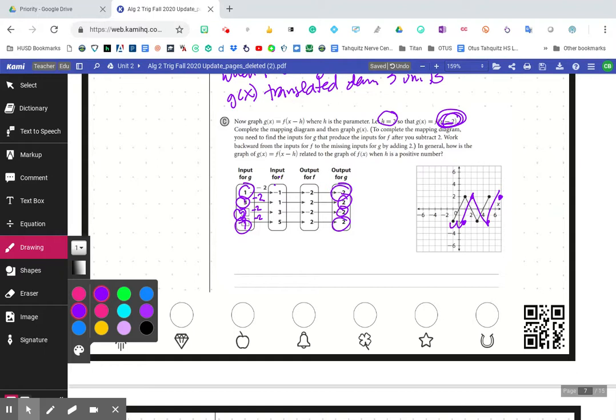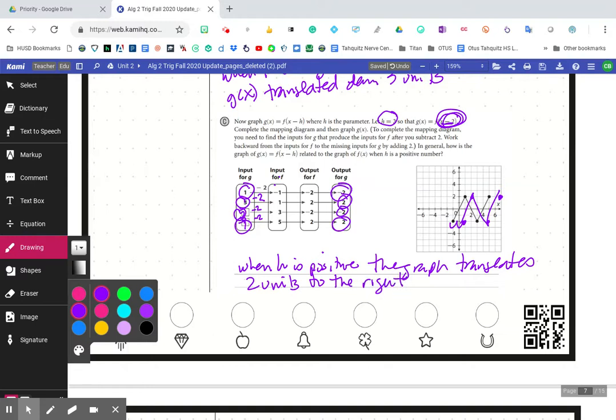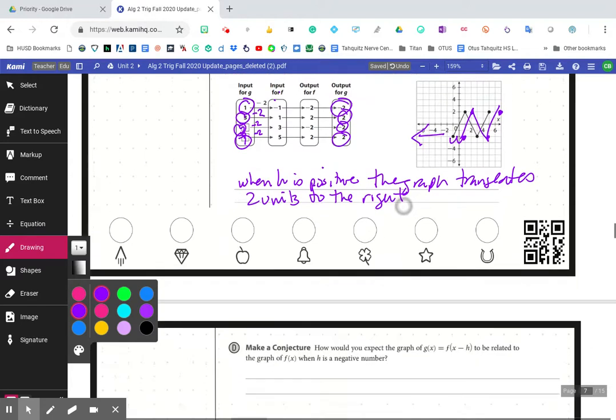So we would say when h is positive, the graph translates, in this case, 2 units to the right. Guess what happens if it were negative? We would probably go the opposite direction, right? We would go to the left.